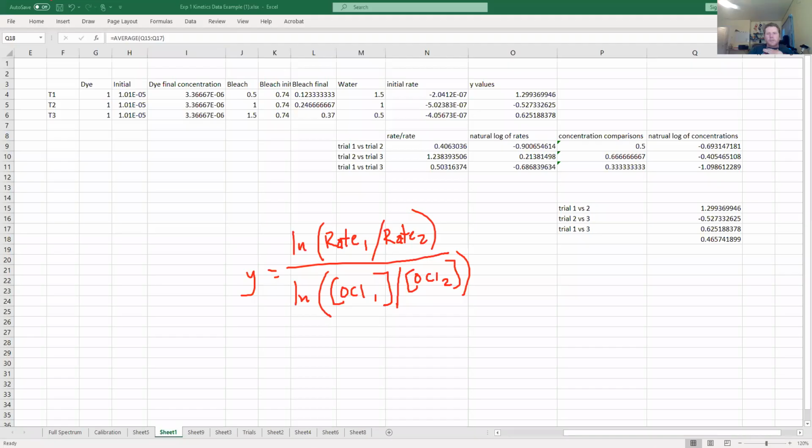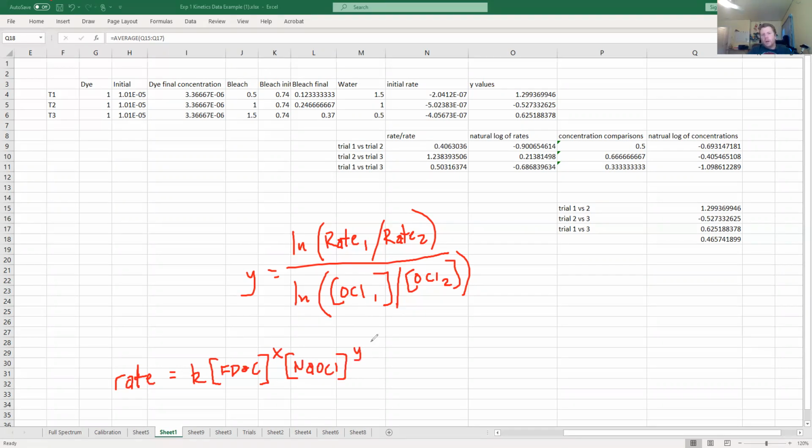putting your data together. Now, one thing to keep in mind with all of this is, what is this y value? Well, our y value is effectively, when we look at our overall rate function, we're looking at rate is equal to k times concentration of FD&C to the xth power, and then NaOCl to the yth power, okay?